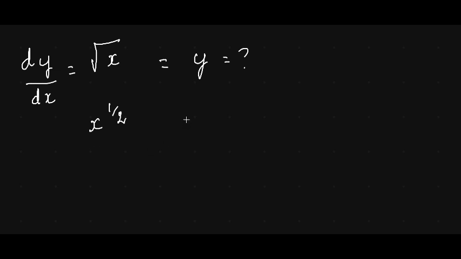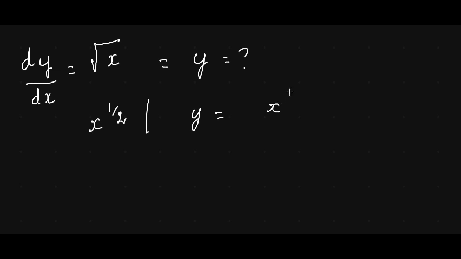And so y should be equal to, we apply the same formula: if dy by dx is x to the power of n, then y is x to the power of n plus 1 divided by n plus 1, plus c, right?